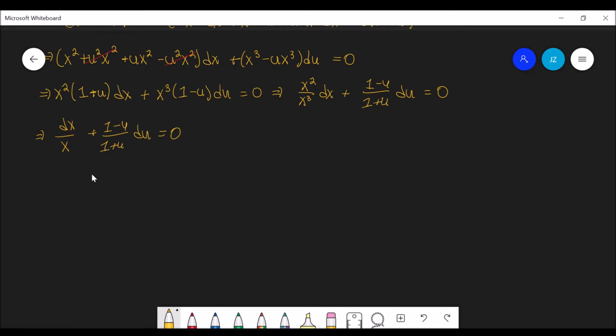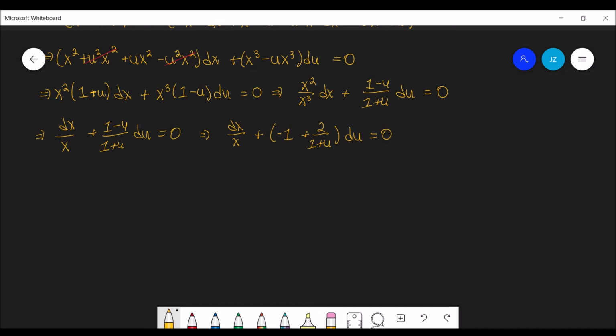I'll leave that work to you. This will become dx over x plus the quantity of -1 plus 2 over (1 plus u) du is equal to 0.